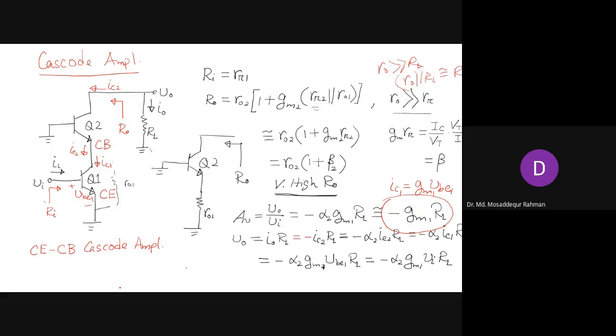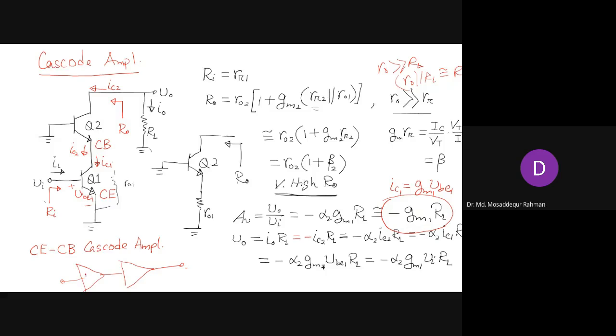So the features are completely opposite, and these features are what we need for the current buffer. And what is a current buffer? A current buffer is like an amplifier that can transfer current from one circuit to another without much impact on the overall performance. Basically, we can also show the configuration like this.